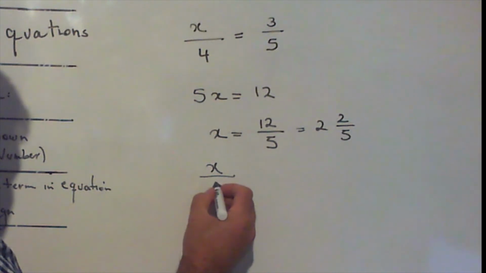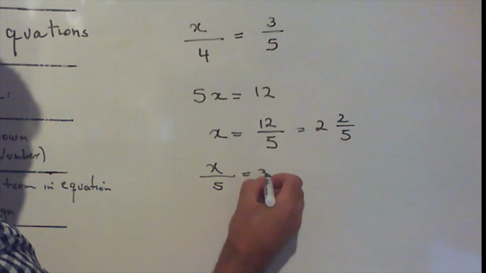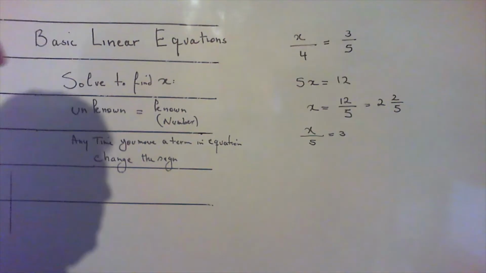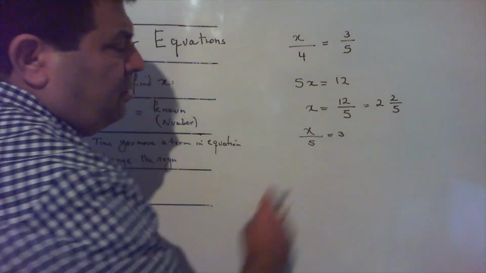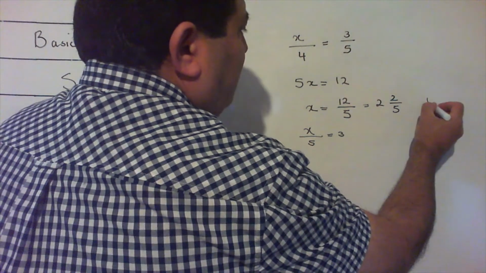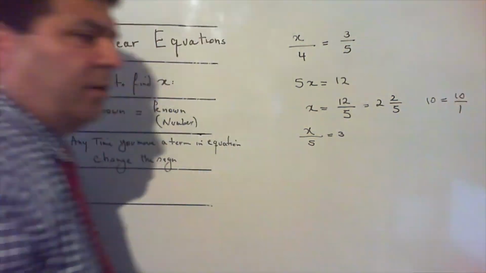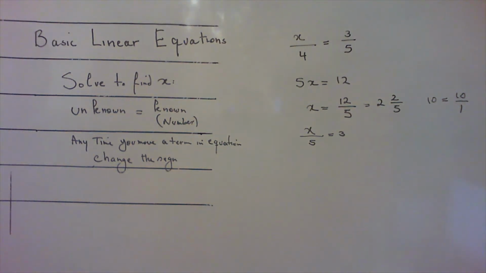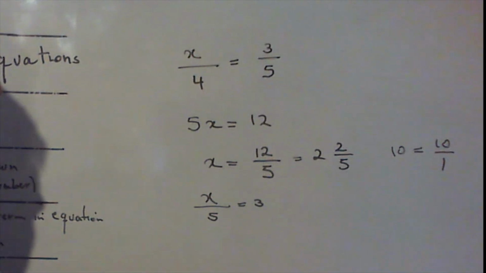You get x over 5 equals 3. What is x? Well, any number in mathematics can become a fraction. For example, if you have 10, I can make this 10 over 1. By giving the 1 as a denominator, you change the number to a fraction. This is very simple.